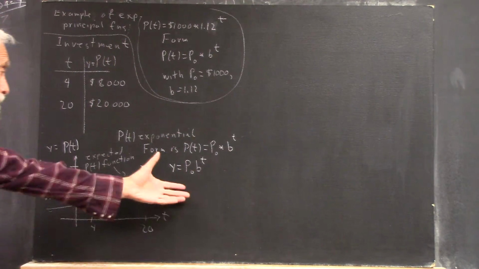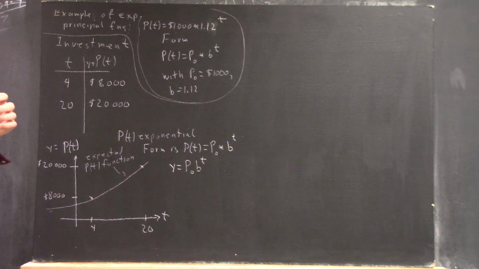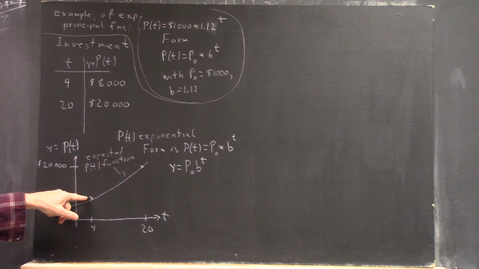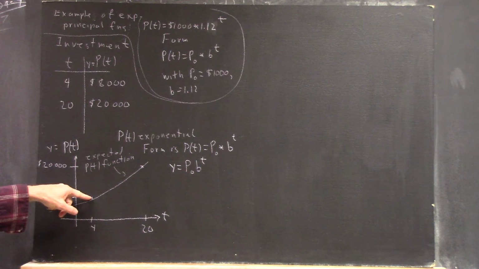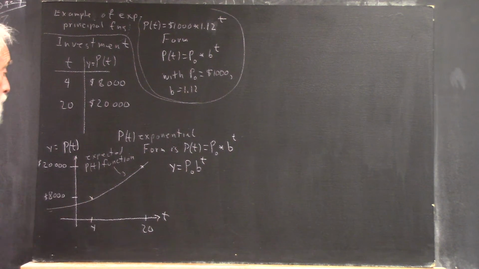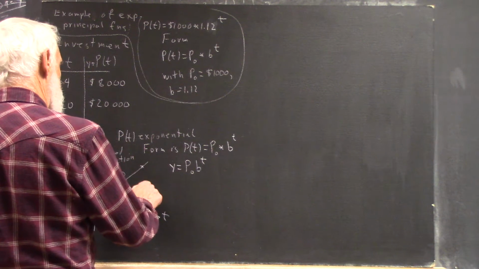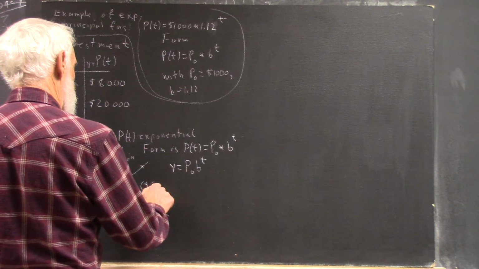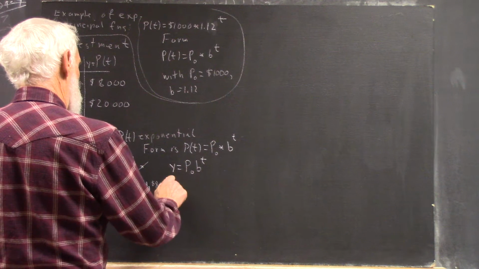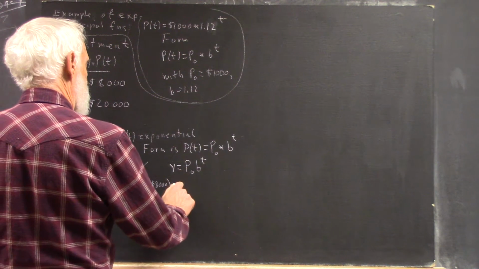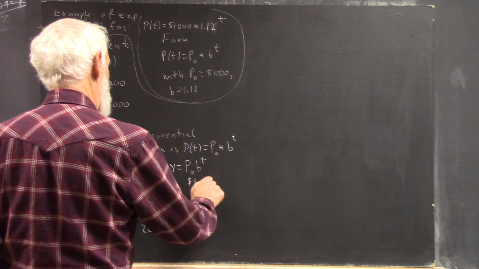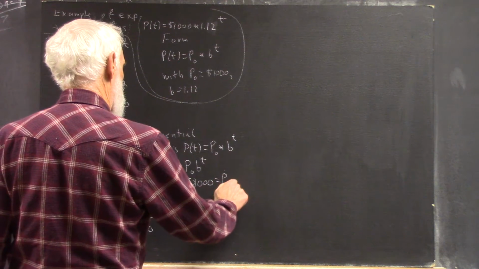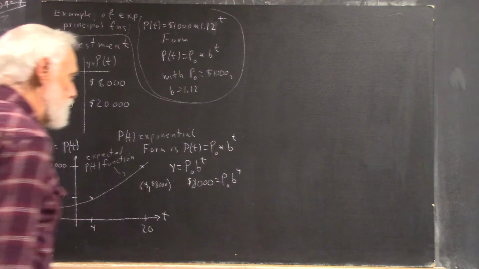Okay, so we have y equals P naught b to the t. Take this point: T is 4, Y is 8,000, right? So the point 4 years and $8,000 gives you this.